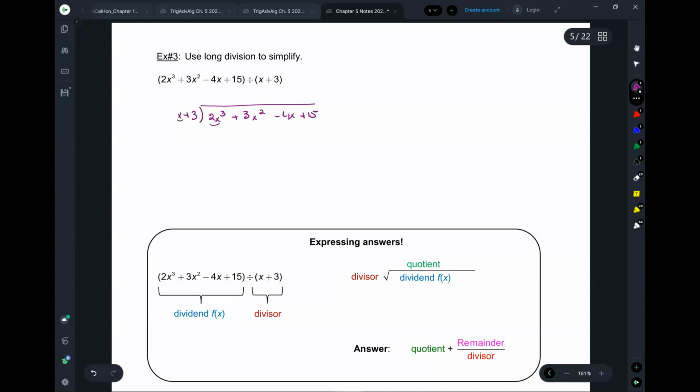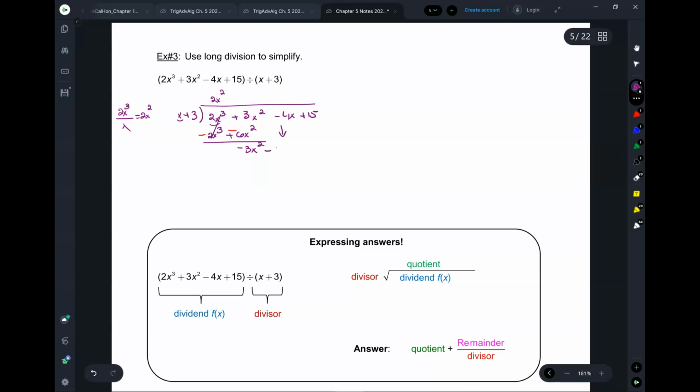This one inside over x gives you 2x squared. Okay, multiply: 2x cubed plus 6x squared. Subtract by changing the signs. 3 minus 6 is negative 3x squared.